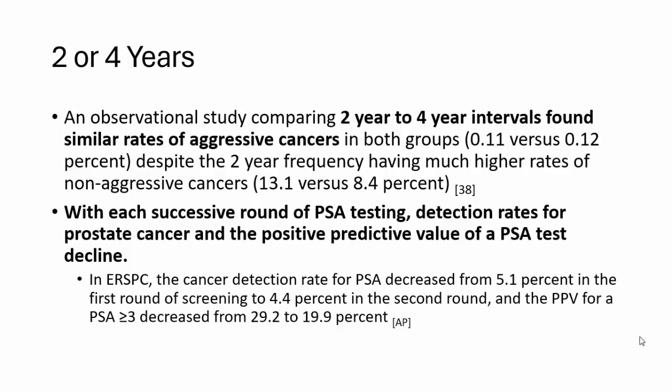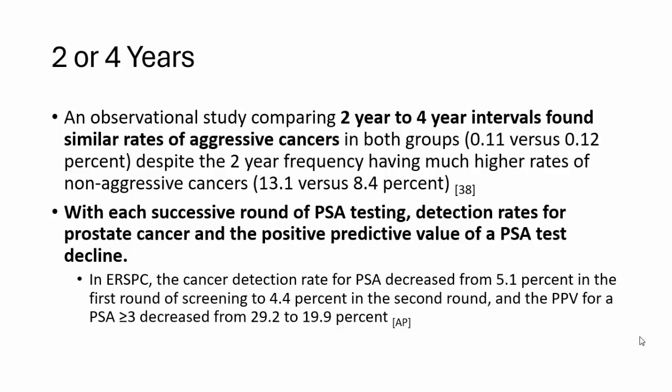With each successive round of PSA testing, the detection rates for prostate cancer and the positive predictive value of a PSA test decline. In the ERSPC, the cancer detection rates for PSA decreased from 5.1% in the first round of screening down to 4.4% in the second round.